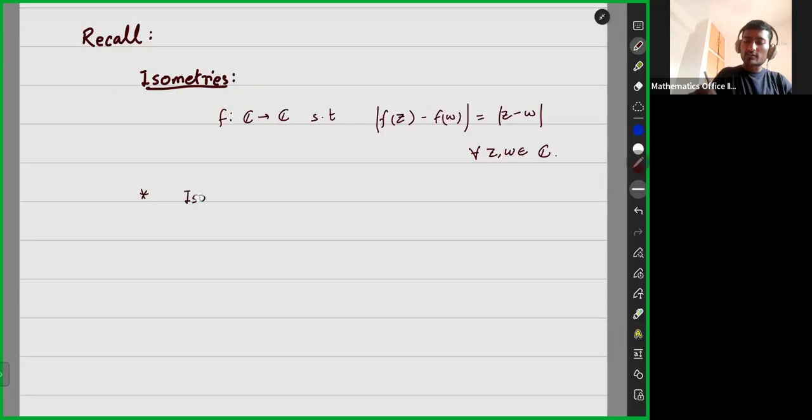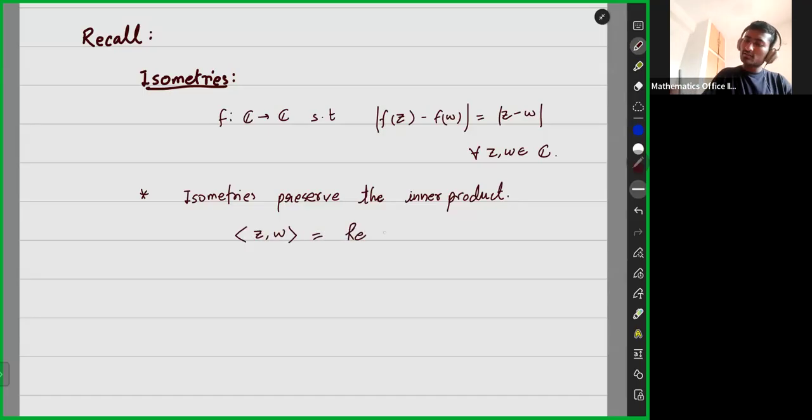The inner product of z and w was defined as the real part of z times w conjugate.